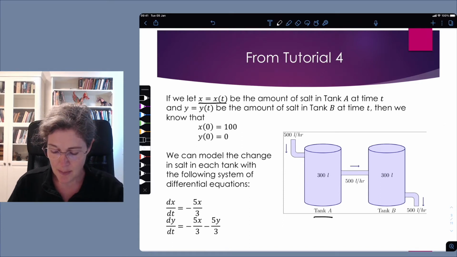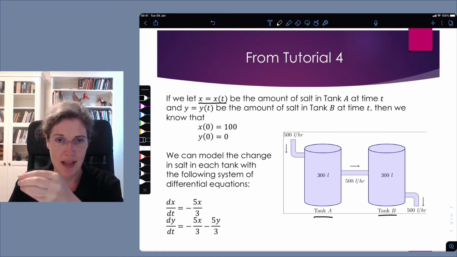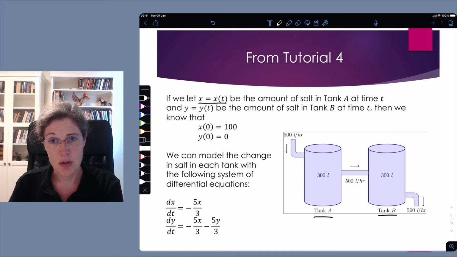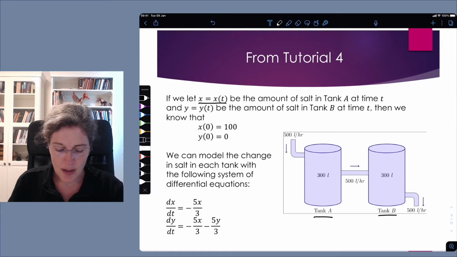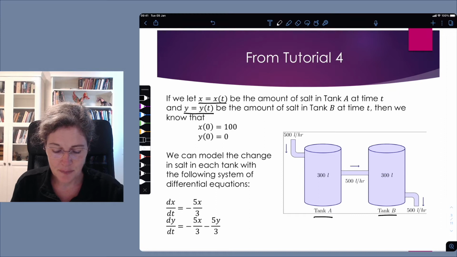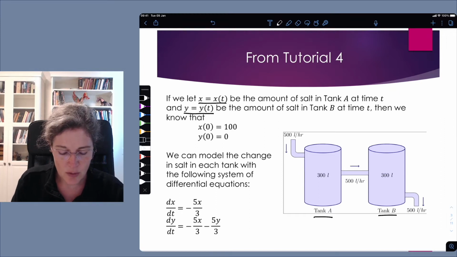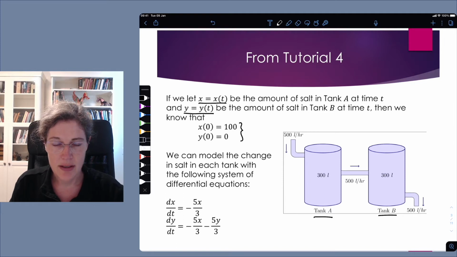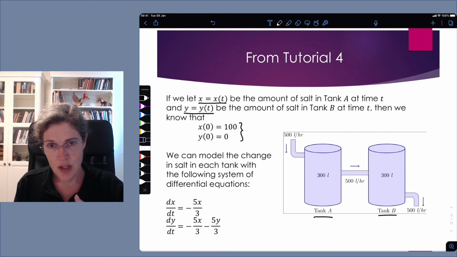And similarly, tank B starts out with fresh water, but then brine from tank A comes into it, so its salt amount is also changing. So y of t is the amount of salt in tank B. And we were given some initial conditions, which said that initially there's 100 kilograms of salt in tank A, maybe 100 grams, that might be more reasonable, and none in tank B, and then it changes.